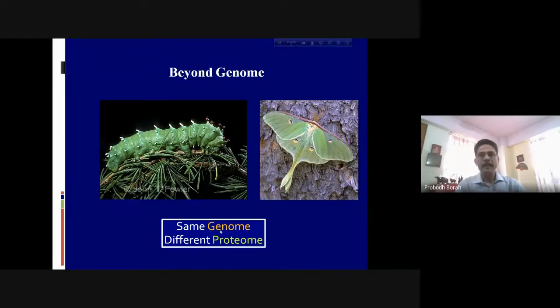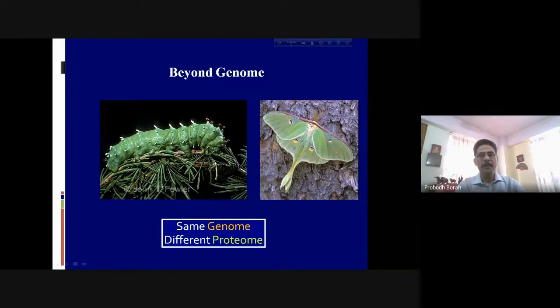Let us take a classical example of an insect. An insect has 4 different phases of the life cycle, and the morphological and physiological characteristics of each stage are different. Say, for example, these are 2 stages of the life cycle of the same insect.